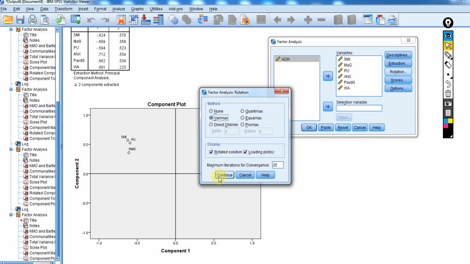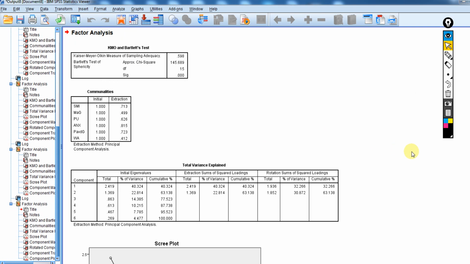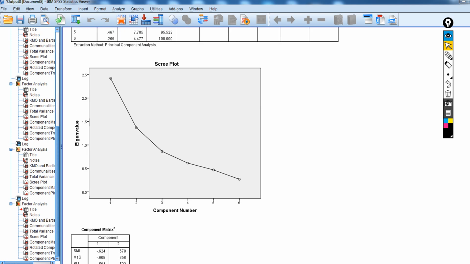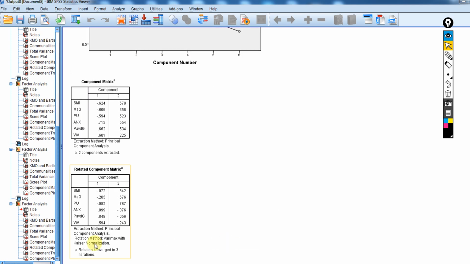So I've just clicked on Varimax rotation, and in this particular case, you can see that now we get a rotated component matrix. And so now let's compare that against the original component matrix. With the rotated component matrix, you can see that subject matter interest correlates really highly and positively with component 2 and negligibly with component 1.